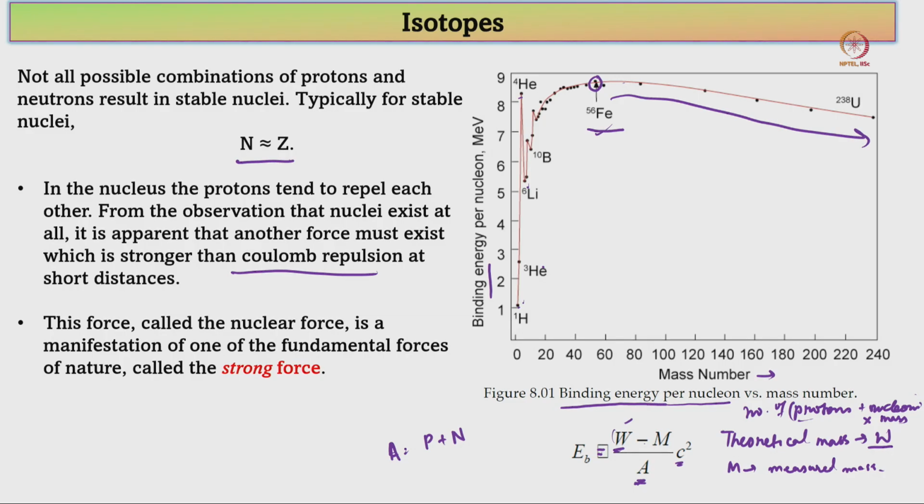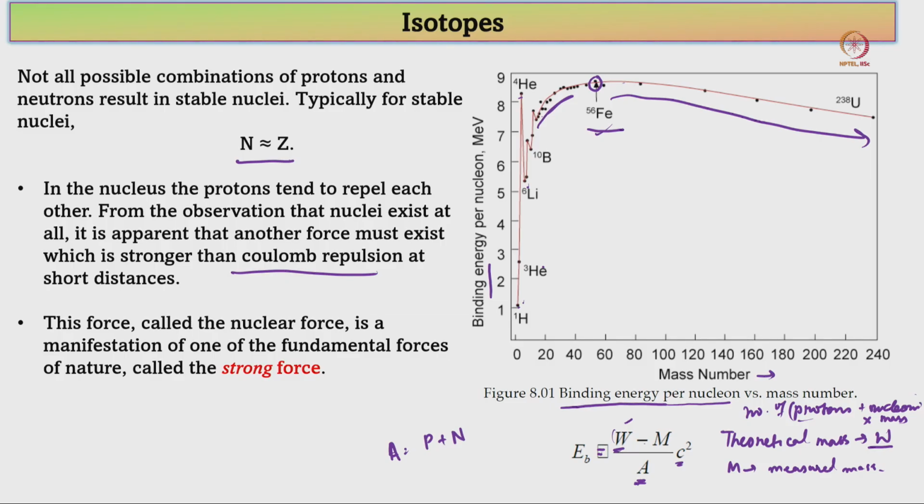That is why it is one of the most abundant elements on earth. All these elements, calcium, magnesium, sodium, all the other alkaline earth elements, then you have carbon, nitrogen, oxygen, they also have high binding energy and they are very stable.